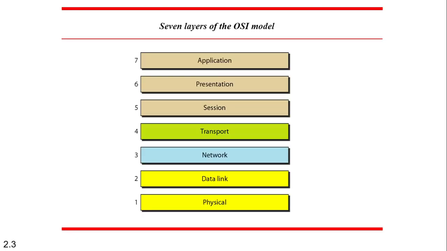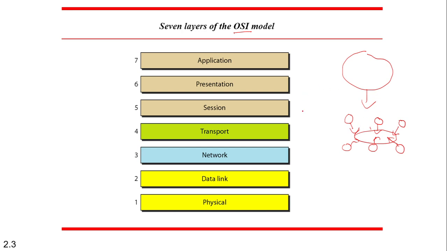So in the ISO reference model, we have 7 layers. As you all know, whenever we have a big task, what we normally do is break it down into small tasks, and we try to find the solution for each individual task. When we combine the solutions of the individual tasks, we get the solution for the big task.